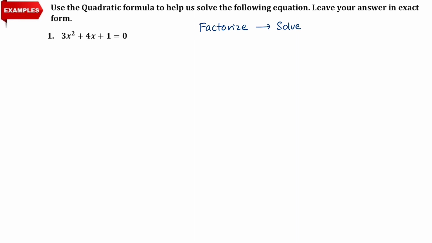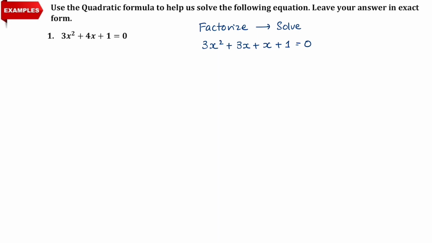In factorizing this particular quadratic equation, I'm going to multiply the coefficient of the x squared term and the constant together, which will give me 3. Then I'm going to find factors of 3 that add to give me 4. So I'm going to rewrite this as 3x squared plus 3x plus x plus 1 equals 0.